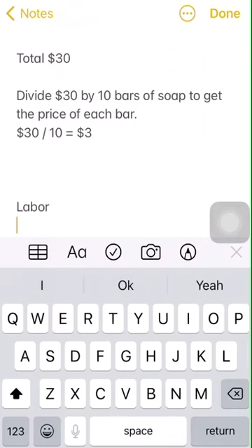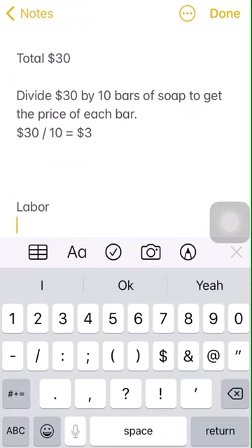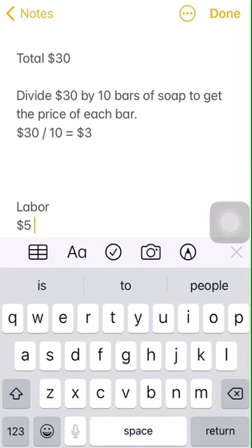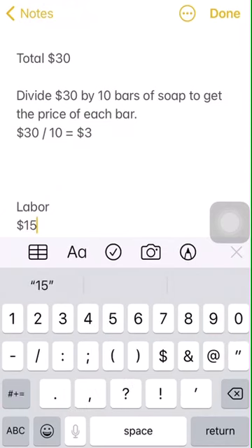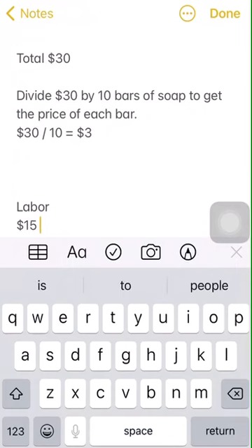So if you are charging $5, okay, which is too small, it should be around $10 or $15. Okay, let's just use the $15. You are charging $15 for an hour. And then maybe you use 3 hours in doing just one batch of soap, for the preparation and everything.